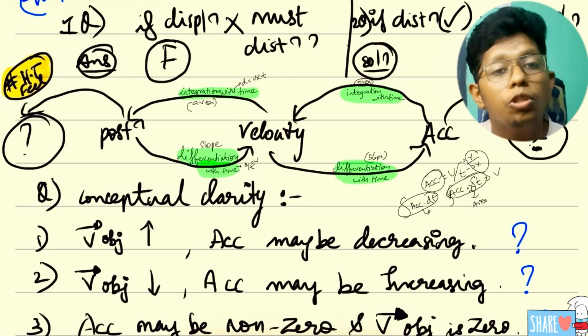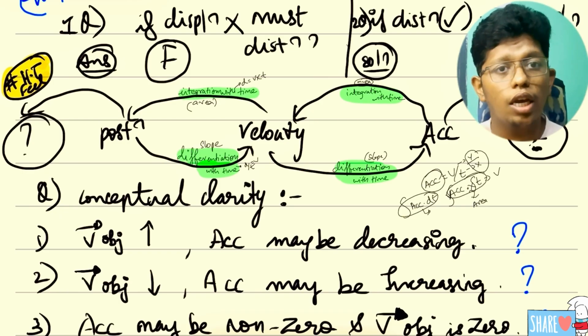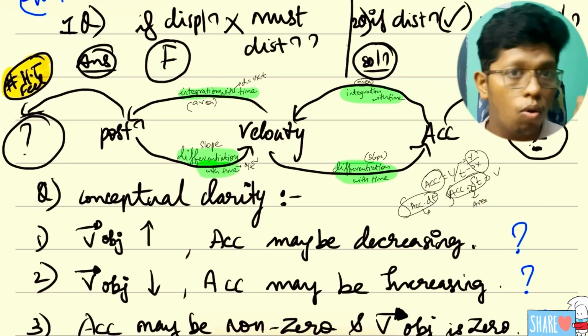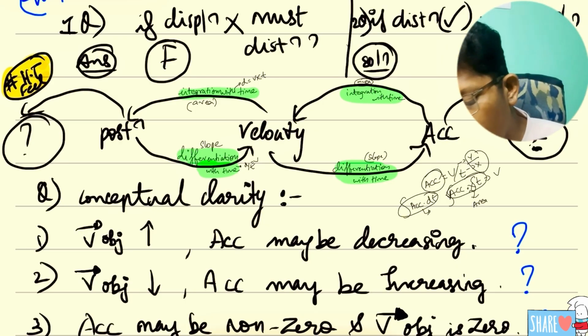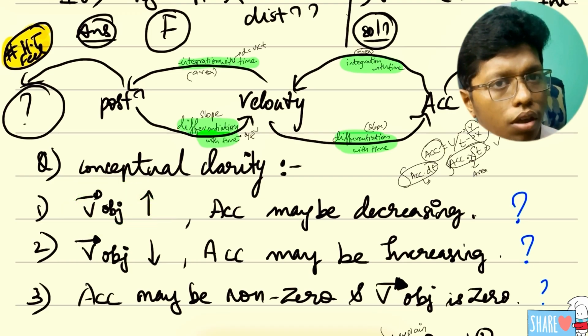Now we are going to see the conceptual clarity questions because many of them may have doubt, and may have this type of thinking, whether it is correct or wrong. You will know by this question. If velocity is increasing, then acceleration should be increasing, right?